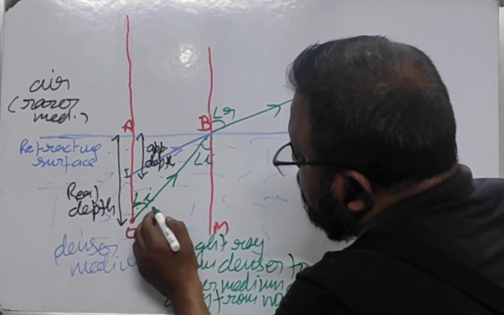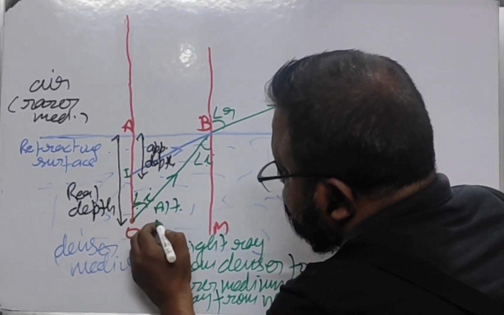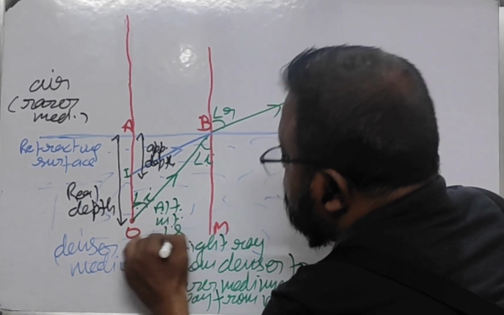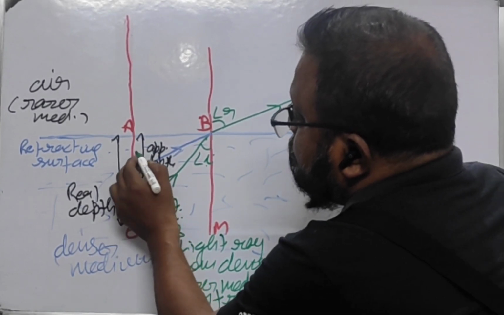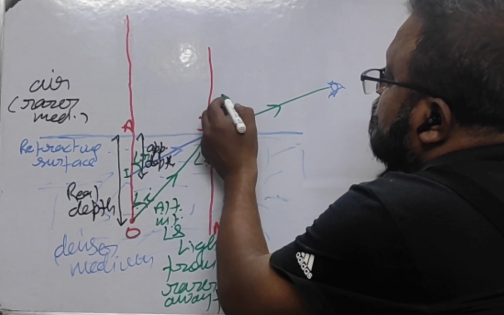Because they are alternate interior angles. And here this is angle R, and this will also be angle R, as they are corresponding angles.